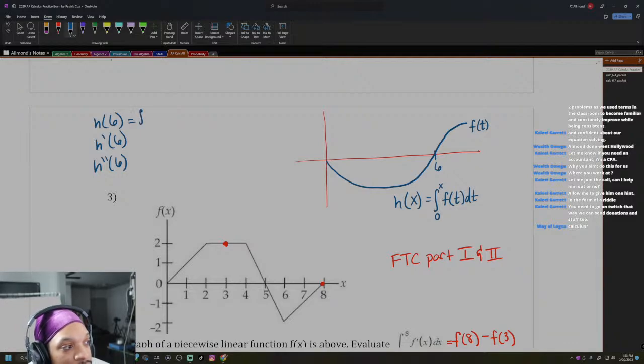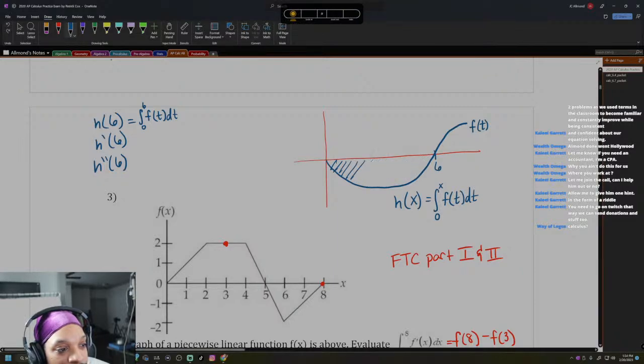So it's the integral from 0 to 6 of f of t dt, which is by definition the area between the curve and the x-axis. Can you see that that area is underneath the x-axis? So what does that tell you about that value? It's negative. It has to be less than 0.